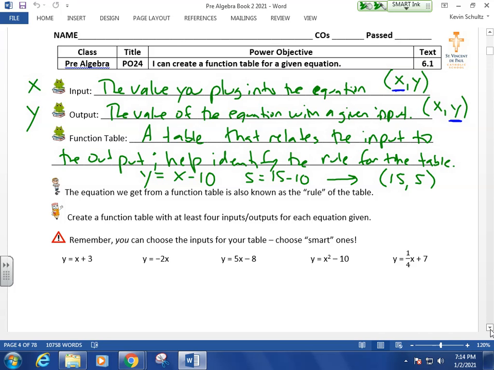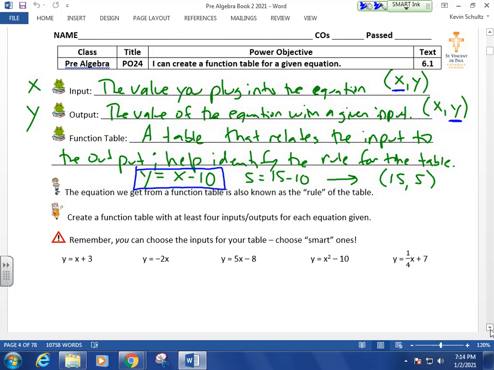The rule of the table is basically the equation that's being used. So going back to our previous example, if we were to make a function table for that equation, that would be the rule. What are we doing to x to get to y? We're subtracting 10, right? x minus 10. That is the rule of that function table.